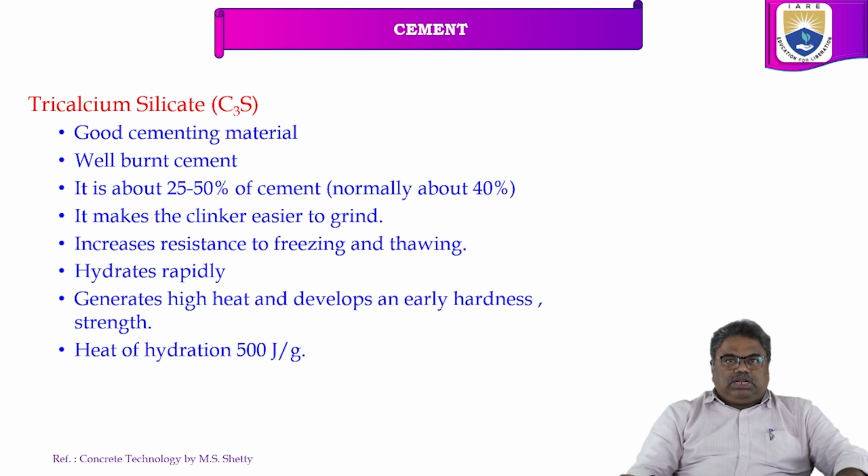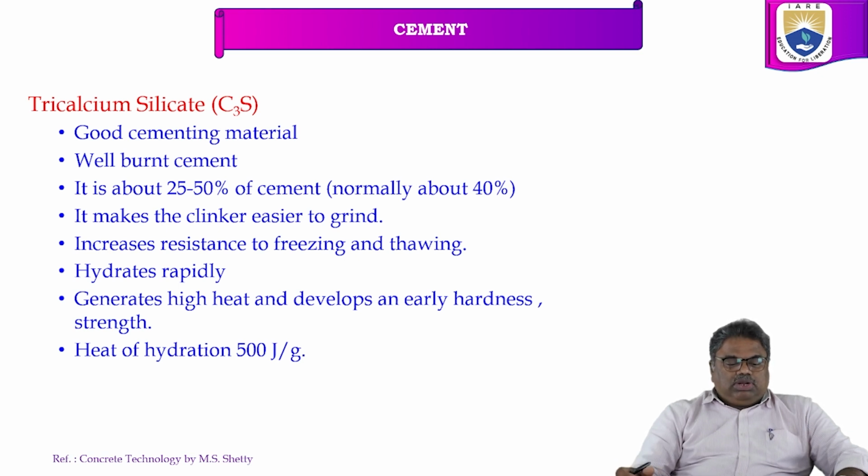It makes the clinker easier to grind, so C3S makes the clinkers easy to grind into powder form. It also increases the resistance to freezing and thawing. So these are the properties of C3S.